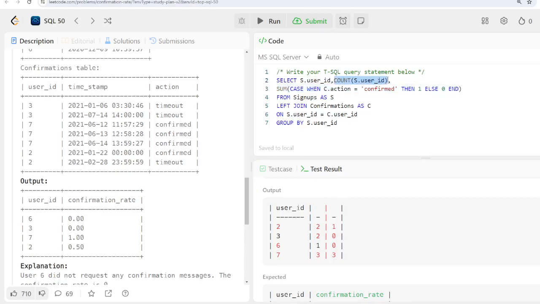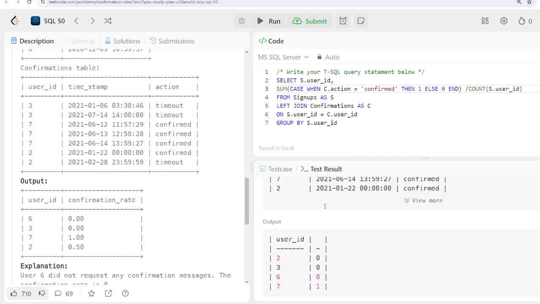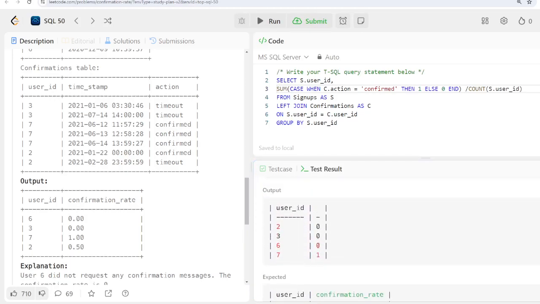So basically let me take this and this divide. Okay, and now let me run this. Okay, so this is the output that I am getting.